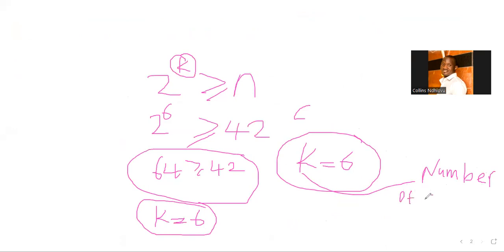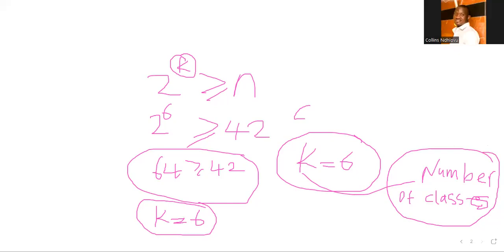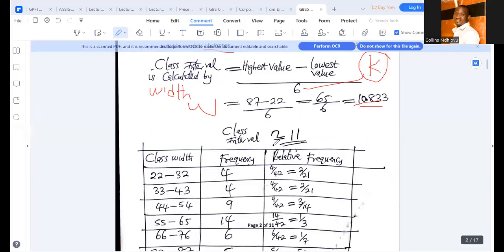Okay, so now from here, we can say that after finding this, we need now to group the data. So we need to count how many, sorry, class width is... class.